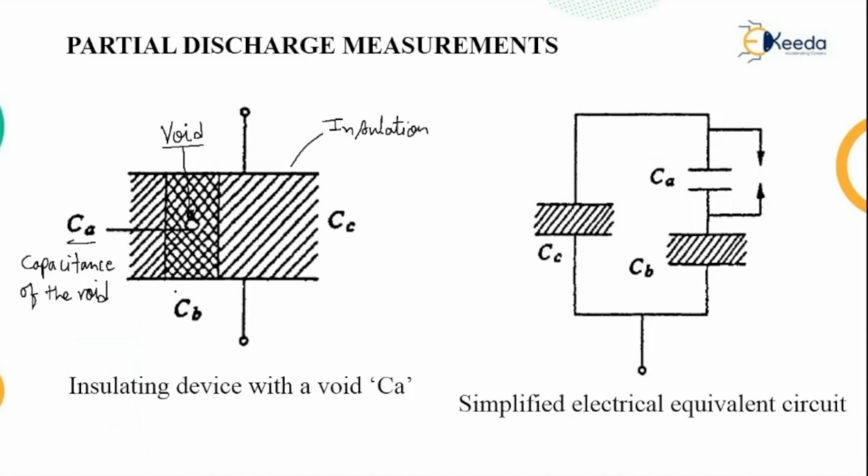The capacitance of the void is represented by a capacitor in series with the rest of the insulation capacitance, that is Cb. So Cb is the capacitance of the remaining series insulation.